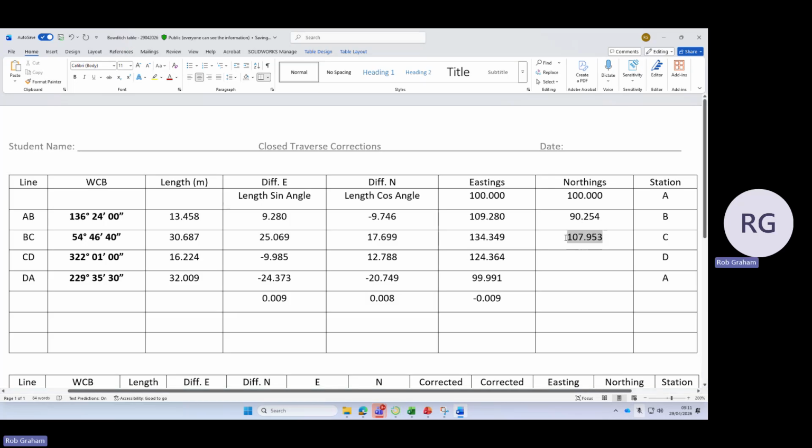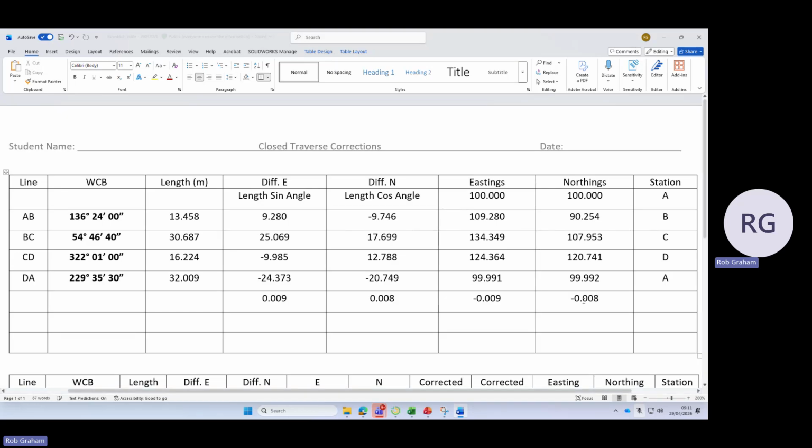You then take that figure and add the 12.788. We get 120.741. And finally, we take that figure and deduct the 20.749, and that gives us 99.992. And just to check on that, 100 minus 99.992, that leaves us minus 0.008 short.